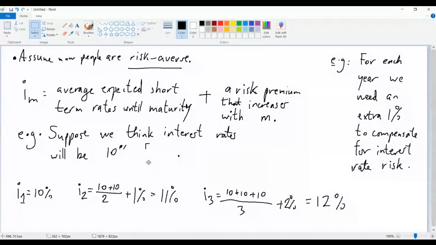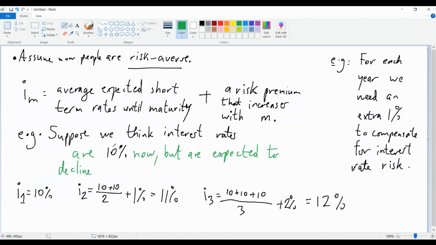Suppose interest rates are 10% right now, but are expected to decline by 2% each year.